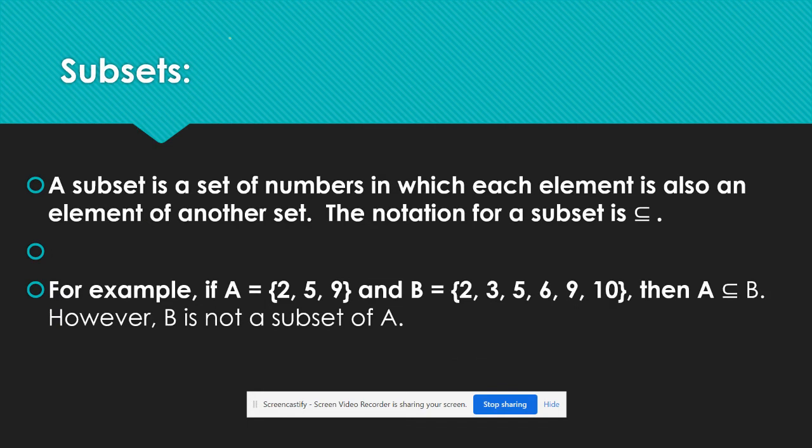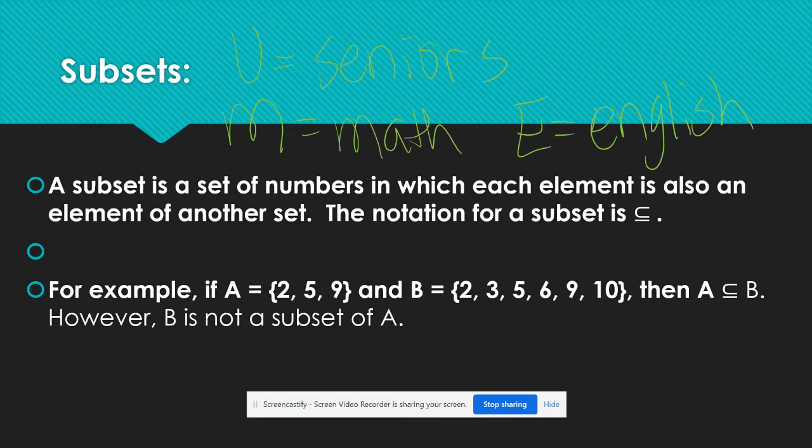Subsets. Like we were just talking about, we said the universal set would be seniors. If we made a set M of students out of the senior class who enjoyed math, and the set E of students who enjoyed English, then math and English would be subsets because they are subsets of the universal set.